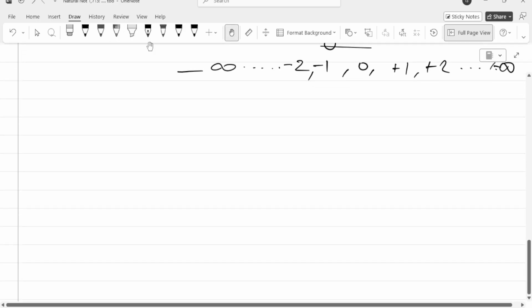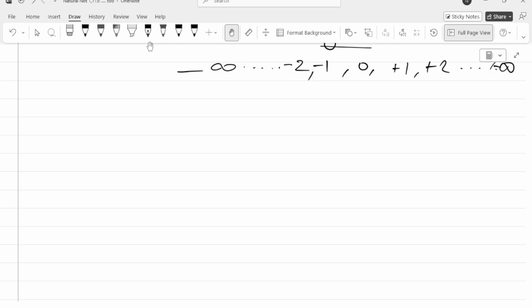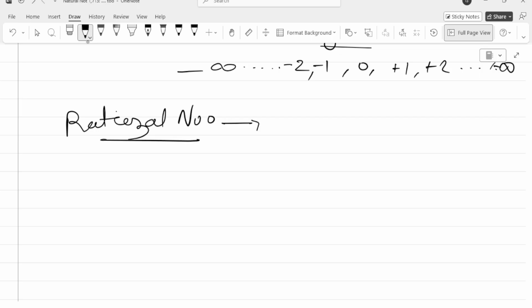Now, rational numbers. What is a rational number? A number that we can express in p upon q form, that we call a rational number.